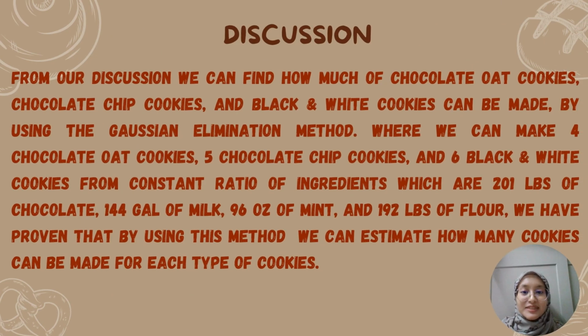Next, from our discussion, we can find how many chocolate oat cookies, chocolate chip cookies, and black and white cookies can be made. By using the Gaussian elimination method, we can make 4 chocolate oat cookies, 5 chocolate chip cookies, and 6 black and white cookies from a constant ratio of ingredients, which are 201 pounds of chocolate, 144 gallons of milk, 96 ounces of meat, and 192 pounds of flour.